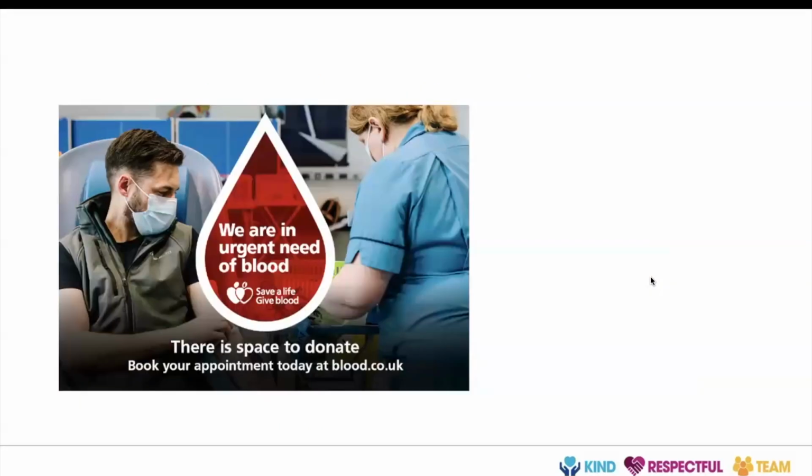So one of the things I did mention before about transfusion is resource, and resource is an issue that isn't touched on a lot when we are talking to patients about transfusion. Now, for people who were being transfused in the last year, you may have been in your hospital when people mentioned the fact that we were in a national blood shortage.